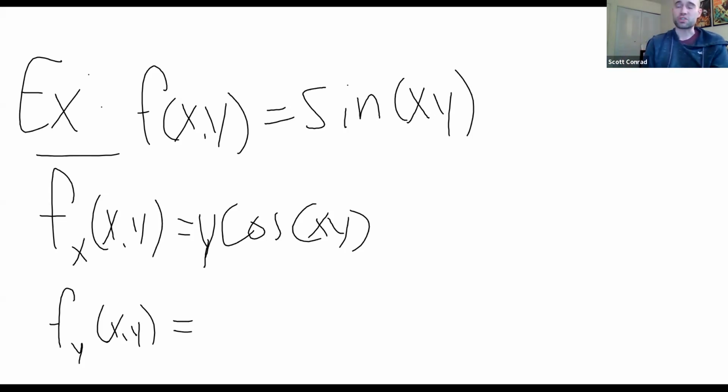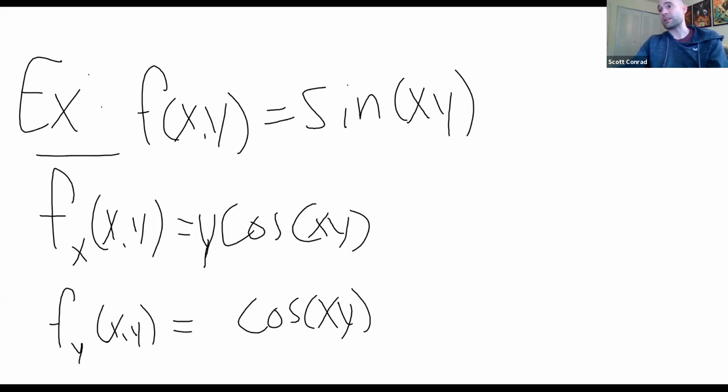So now let's do the partial with respect to y. Now we're treating x as a constant, and let's differentiate as we would. So sine becomes, once again, cosine of the inside, xy. Now the inside is xy, but now x is a constant. So it's some constant times y.